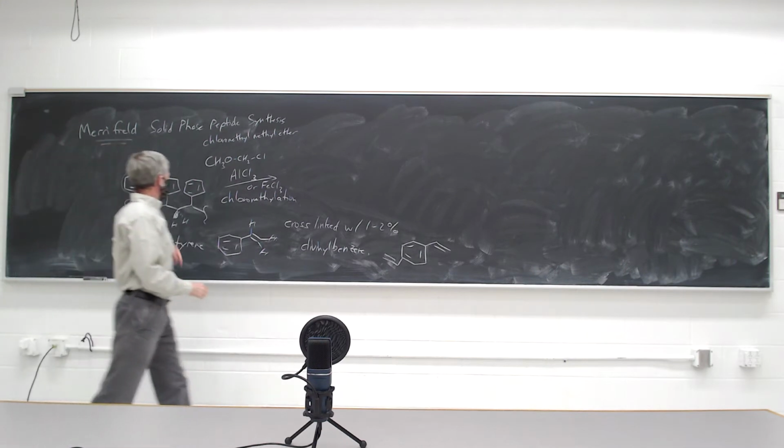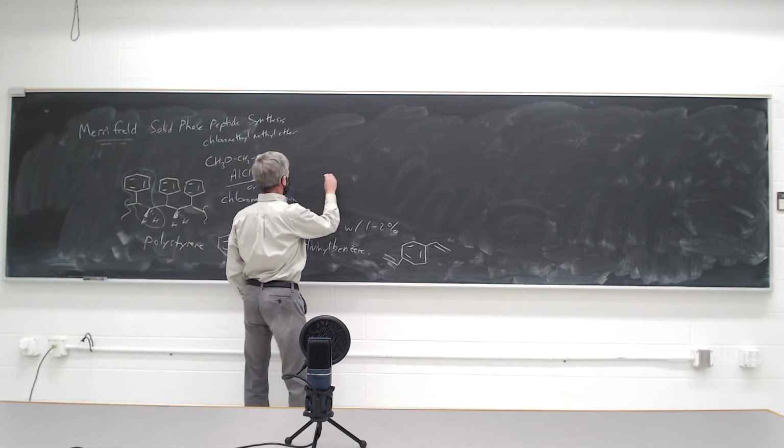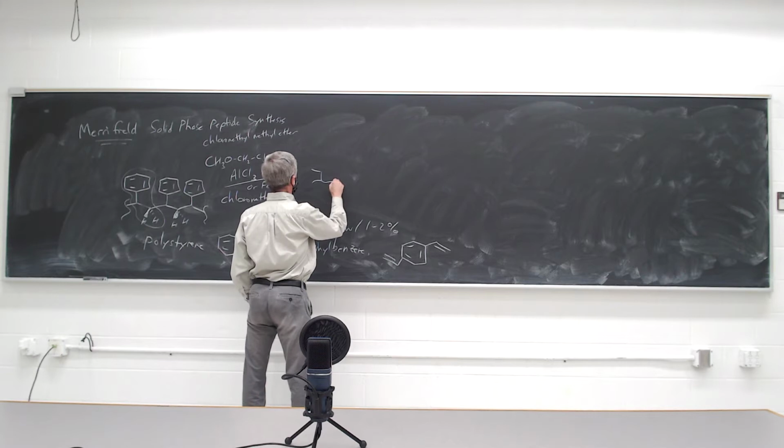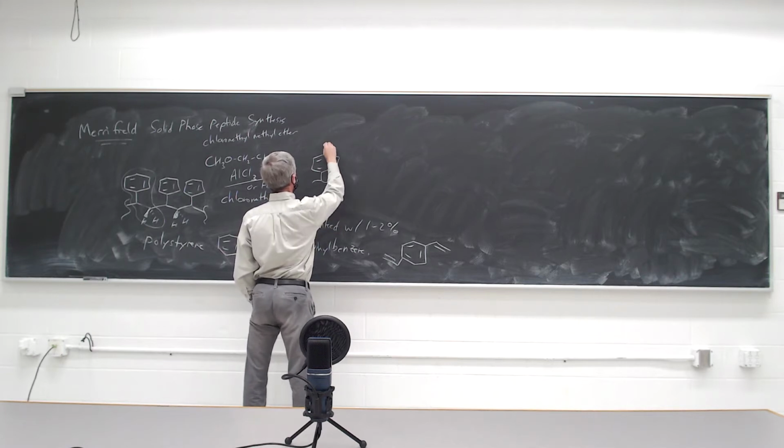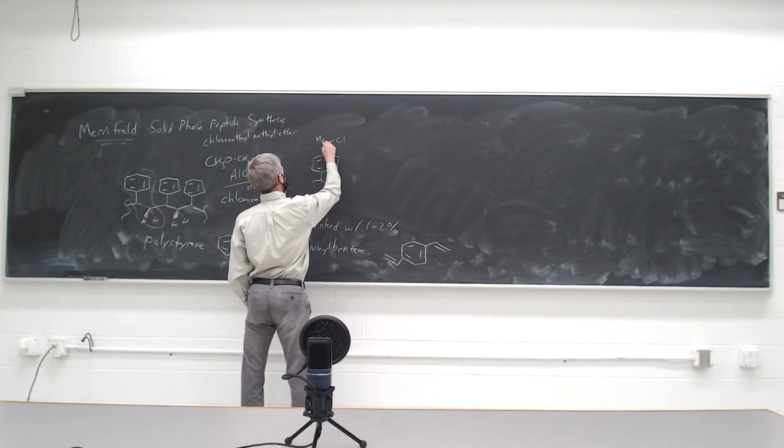And what we're going to do is take some subset of those phenyl rings, so we'll just ignore the rest of the polymer, and put a chloromethyl group on there.